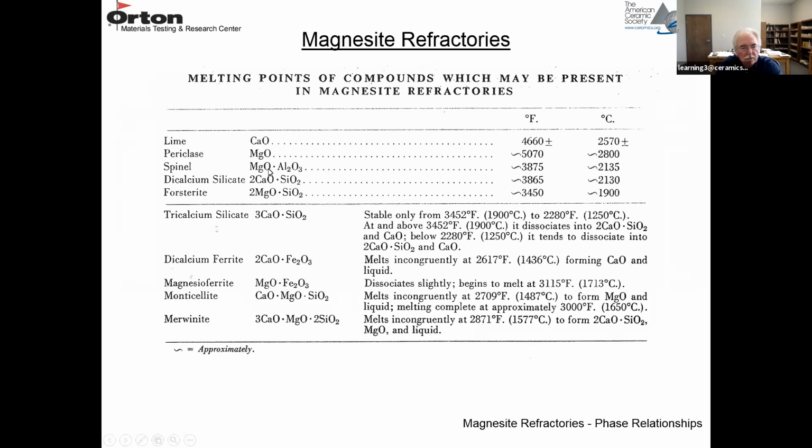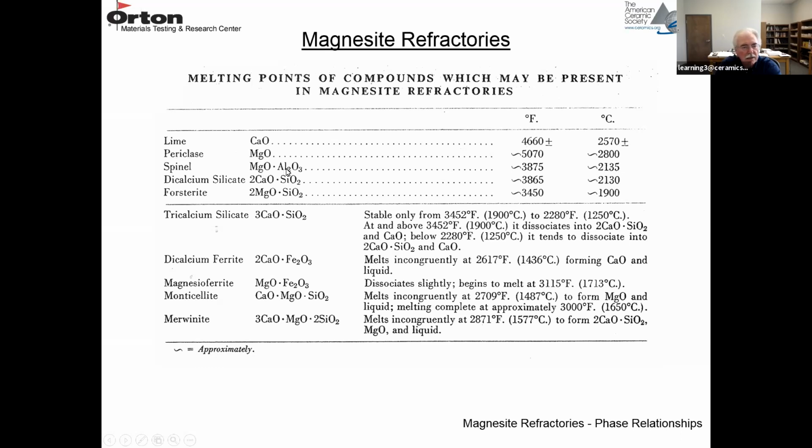These are the melting points of the different materials we just talked about. Lime is 2570 degrees C, and MgO is 2800 degrees C, both very refractory materials. The MgO can also form a spinel with the alumina, Al2O3, impurity, and that's a high melting material, 2135.